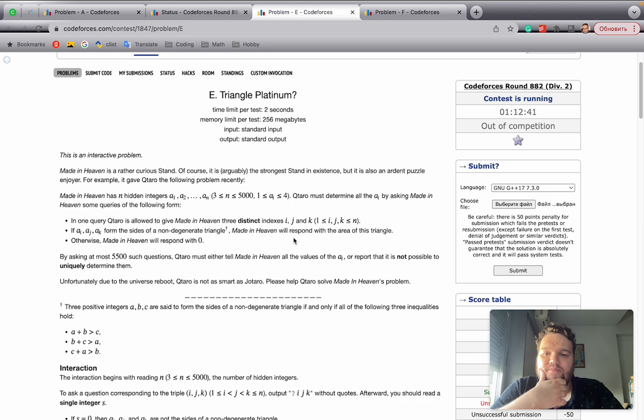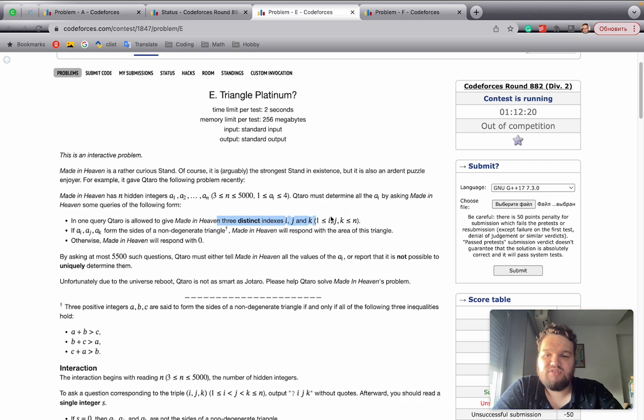Interactive problem. We have n hidden integers from 1 to 4. We must determine all the a_i. We can ask queries.